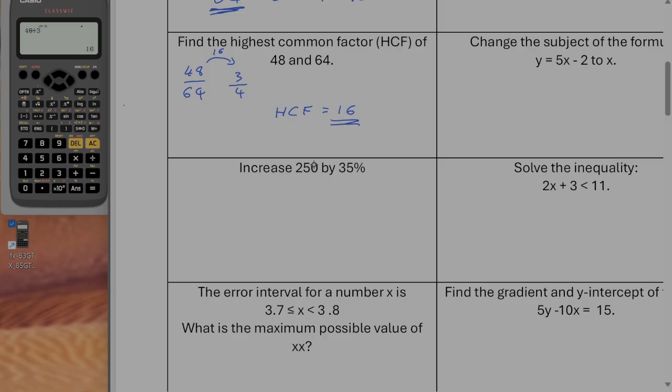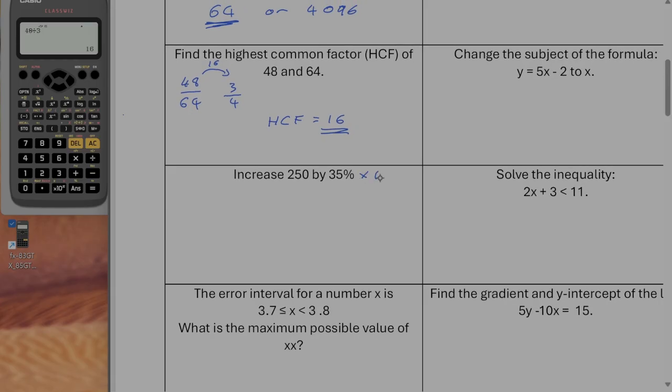Right, increase 250 by 35%. If I want to increase by 35%, that's a multiplier of 1.35. So we can just do 250 times by 1.35.